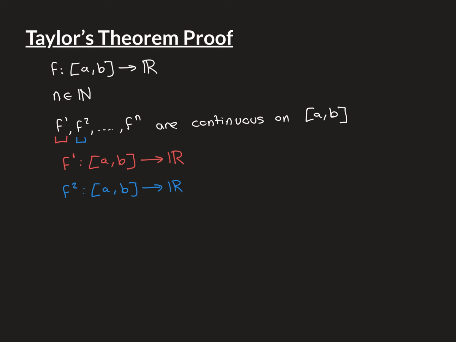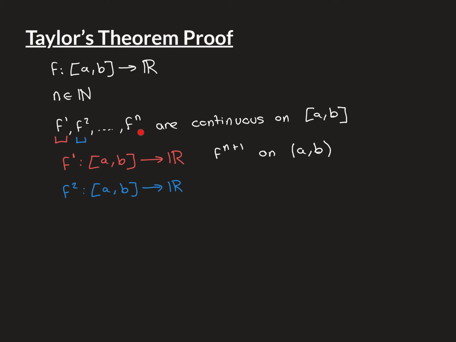The final additional condition we're going to need in order to be able to apply Taylor's theorem is we're going to need the nth derivative to be differentiable itself. So we're going to need the n plus 1th derivative to exist, but it doesn't need to exist everywhere on the closed interval from a to b. It only needs to exist everywhere on the open interval from a to b. So it doesn't necessarily have to be the case that the nth derivative is differentiable at the endpoints a and b.